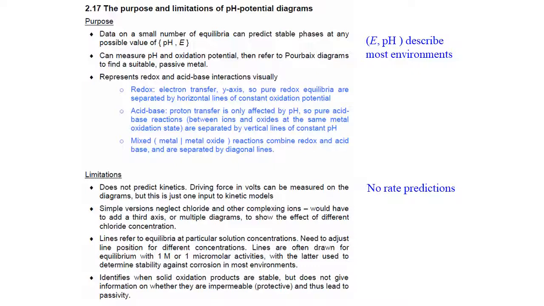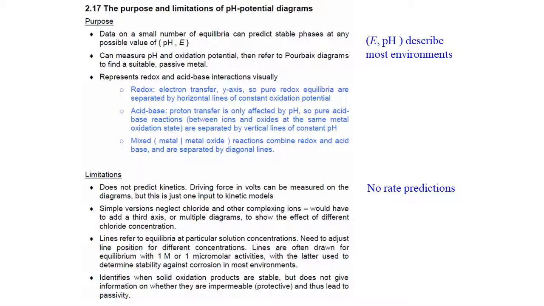So the final limitation is that if these diagrams predict a dissolved zinc 2+ ion is stable, then we know that there's going to be active corrosion. If they say the native metal phase is stable, then we know the system is immune from corrosion. But if they say, say, zinc hydroxide is stable, this implies that's a solid.